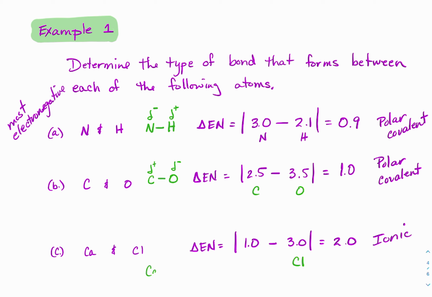So calcium will be a plus charge and chlorine will be a minus charge. In fact, calcium likes to give away 2 electrons, so you'll end up getting a calcium 2 plus, and then you'll have 2 chlorine atoms that both become negatively charged to form a compound called calcium chloride.